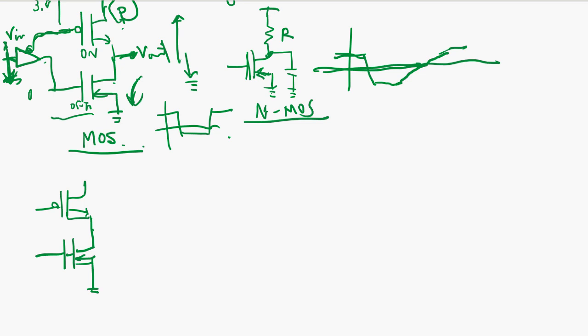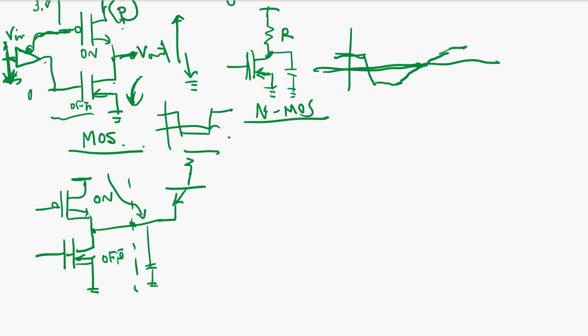this kind of MOS output, when you drive a TTL circuit, this is the chip boundary. Okay, the problem is when this becomes off and this becomes on, that means whatever the capacitor here is going to be charged up, right?